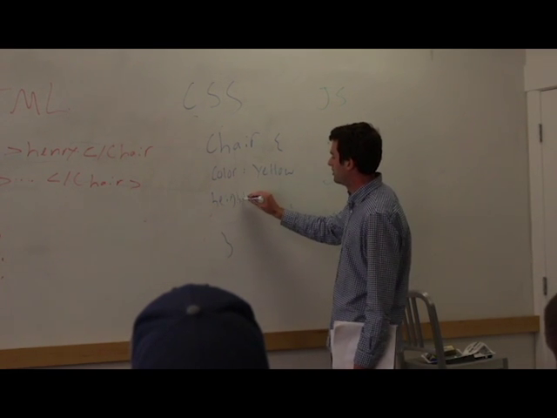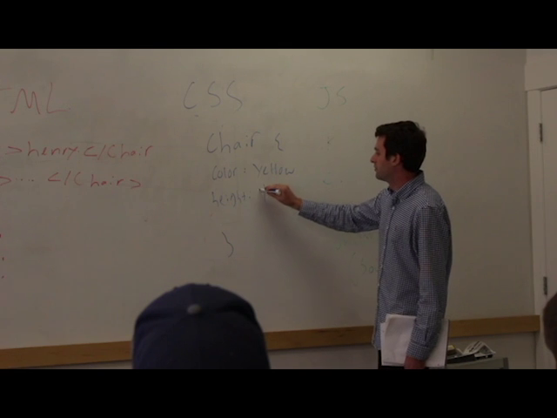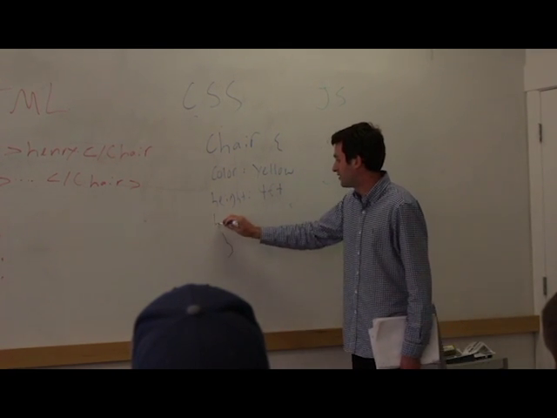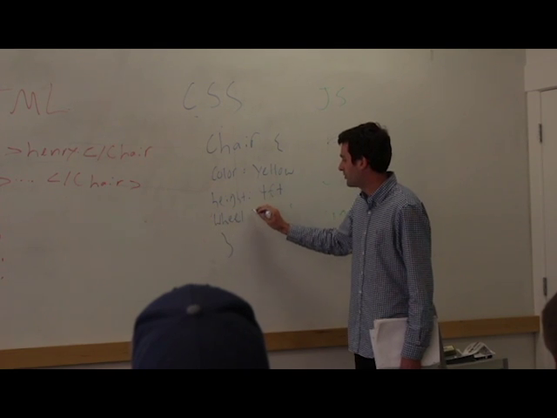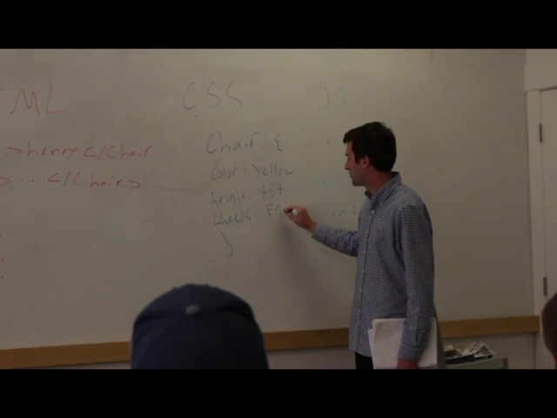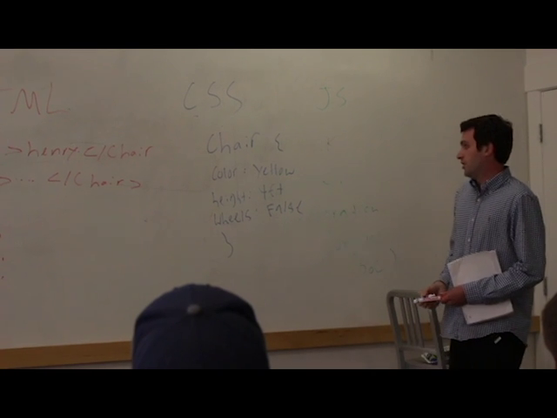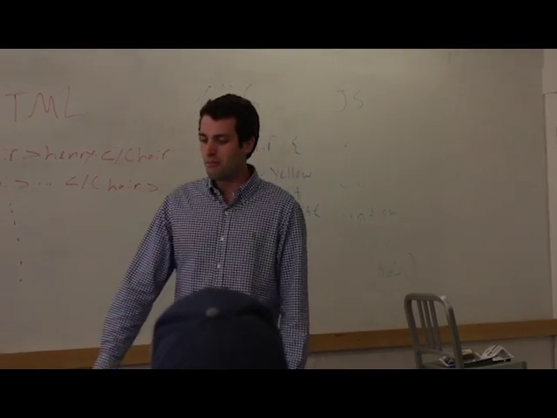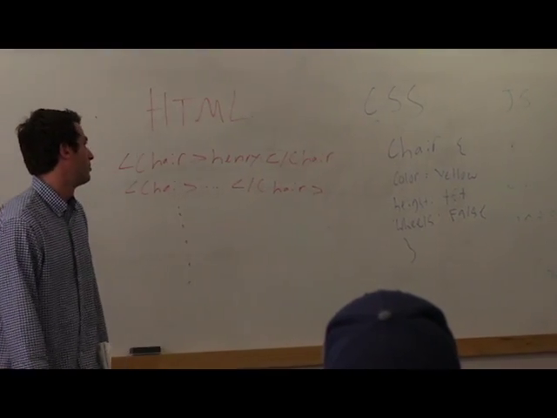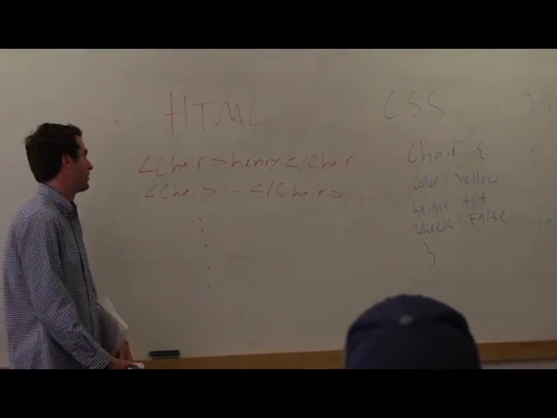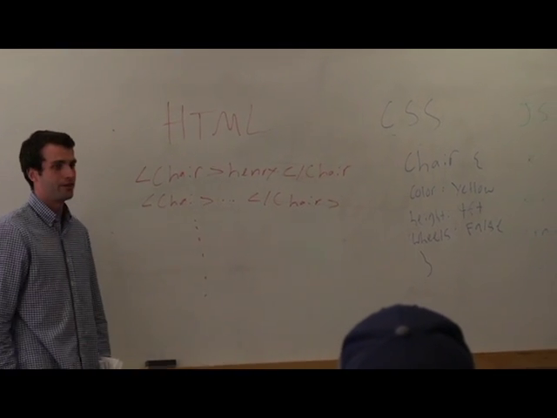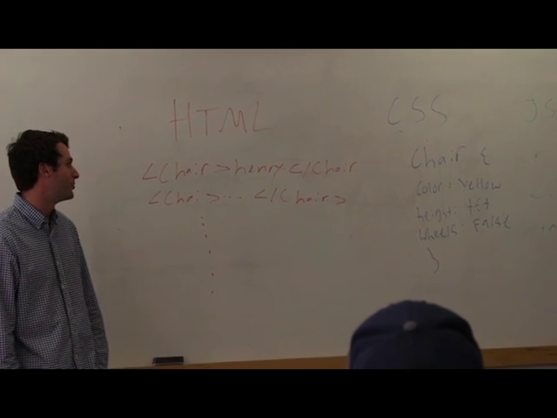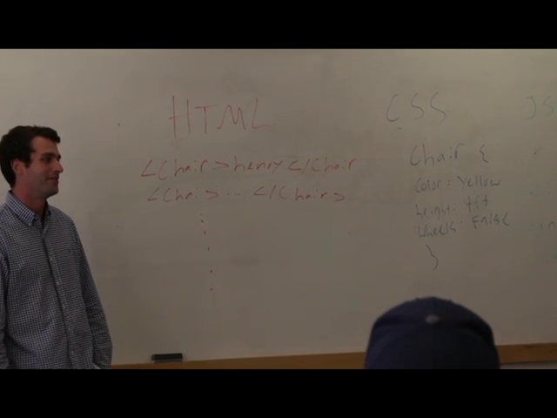Let's make the height a high chair, like 4 feet. That's pretty high. And since it's a high chair, wheels are dangerous, so we'll turn that to false. So I just want to do this to my chair here. Will this work? What will this do? There's a whole list of chairs. Change all the chairs. Exactly, yeah. We'll change every single chair in the room to an ugly high yellow chair.